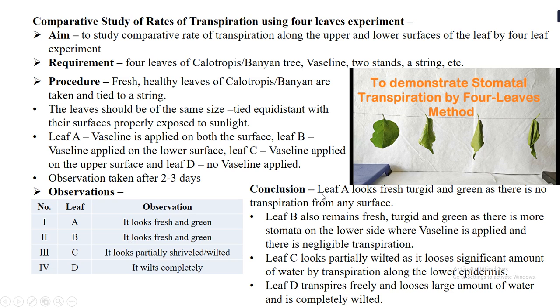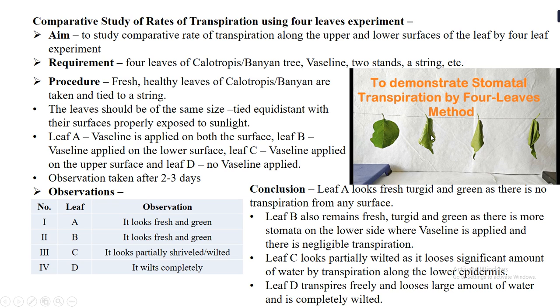Why is this the result? Sorry, we applied Vaseline on both the surfaces of leaf A. And so leaf A looks fresh and turgid. It looks green even after 2 to 3 days. For leaf B, we applied it on the lower surface.